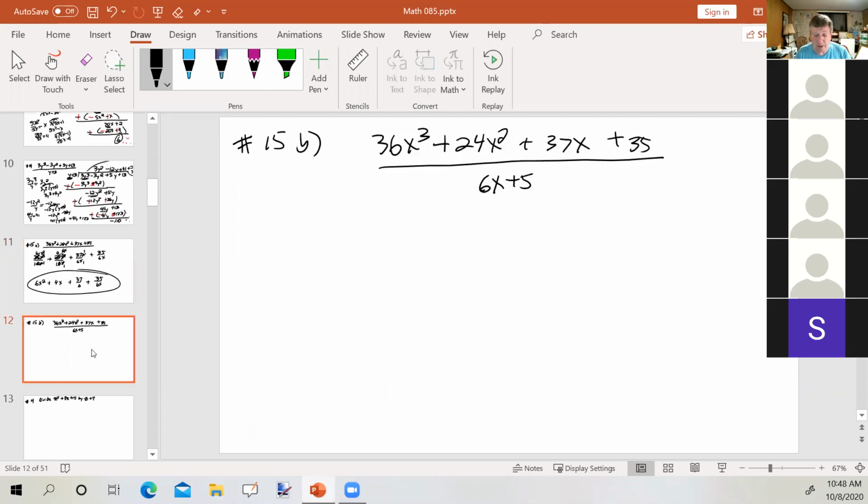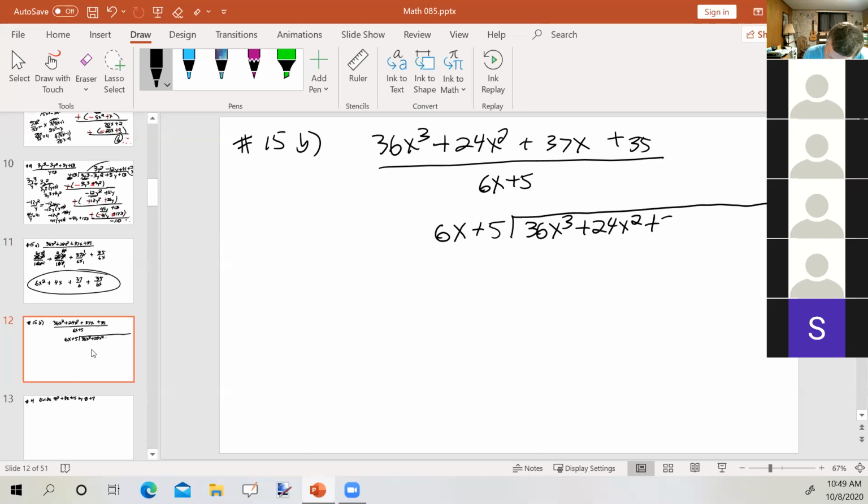We're back to a polynomial divided by a polynomial. The numerator and the denominator are both in standard form, so they're good to go. So I'm going to take 6x plus 5 and divide it into 36x cubed plus 24x squared plus 37x plus 35.